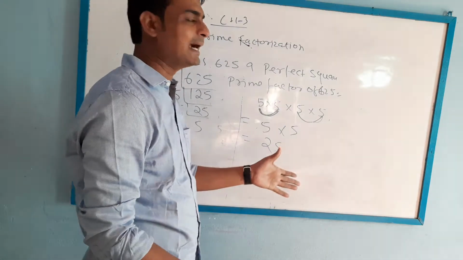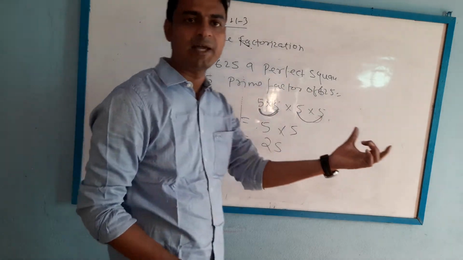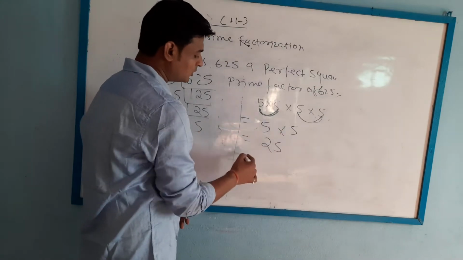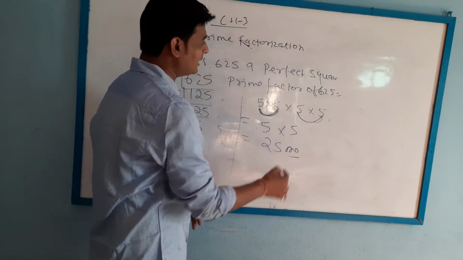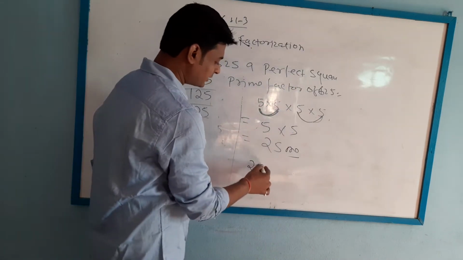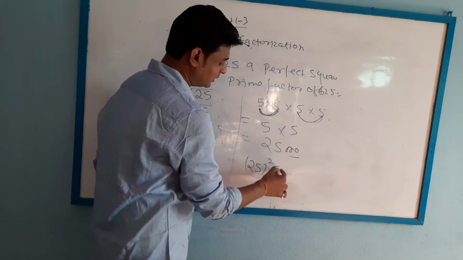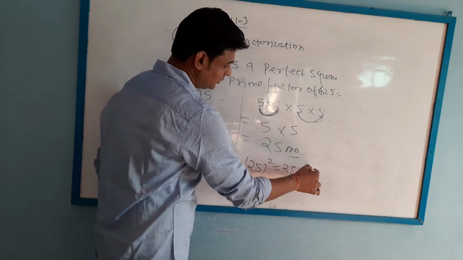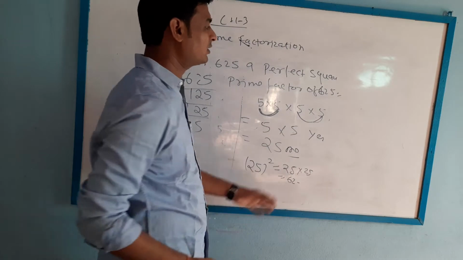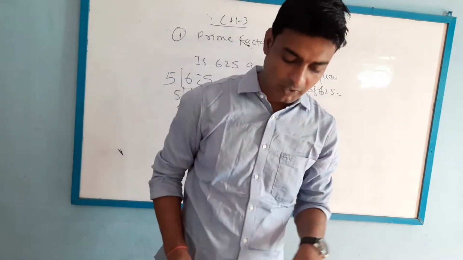So we can say that 625 is a perfect square. Here we are getting 5 into 5 is 25, so 25 is the square root. If you find the square of 25, you will get 25 into 25 equal to 625. The answer is yes, 625 is a perfect square.